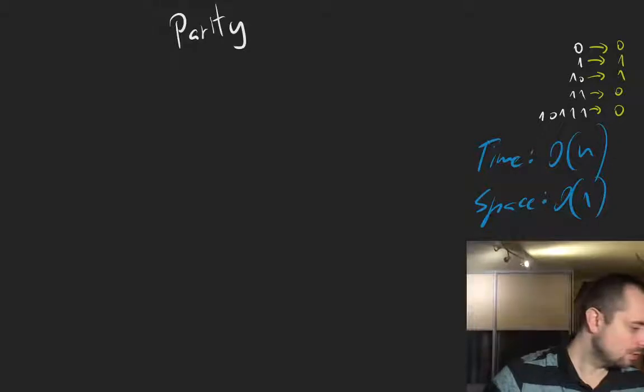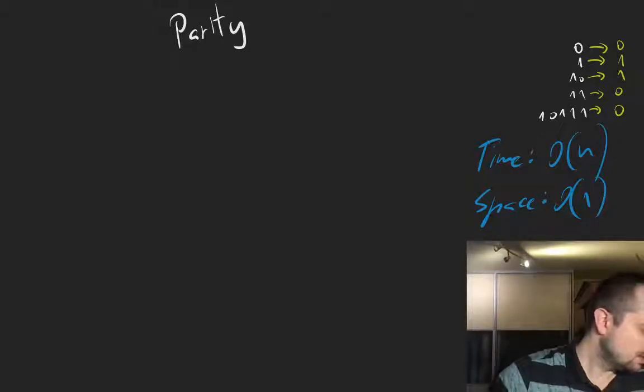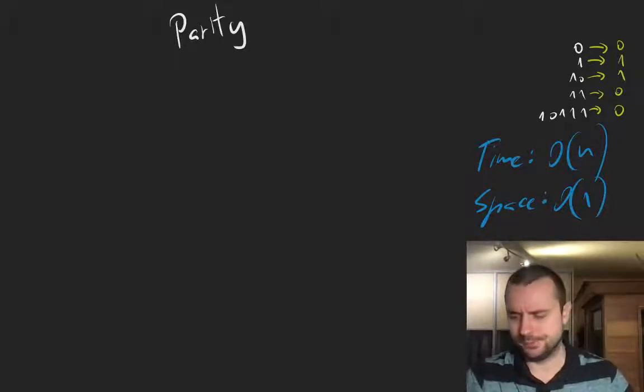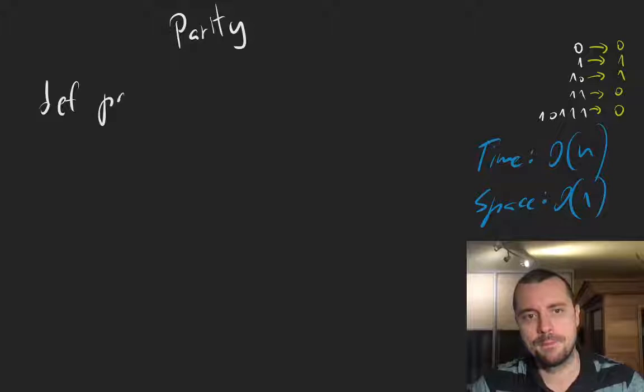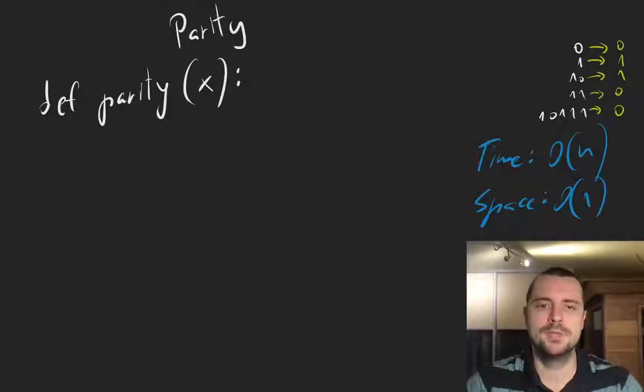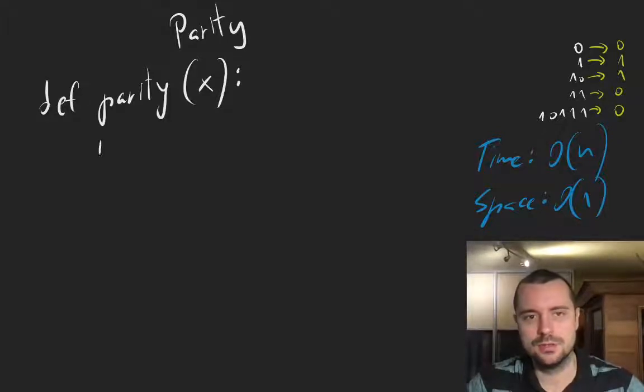Right, so the function name in the book is parity. So let's do the same. So def parity x. Okay, so our result will be stored in the res variable.